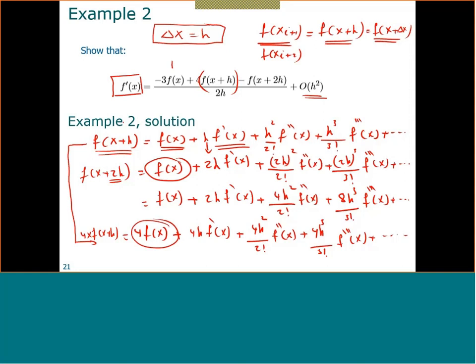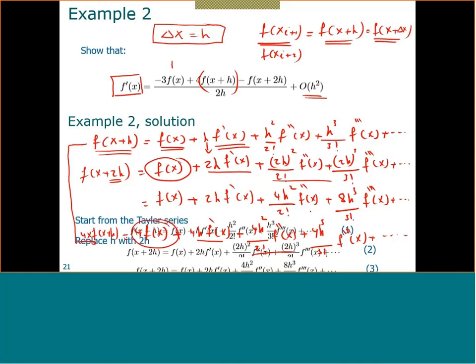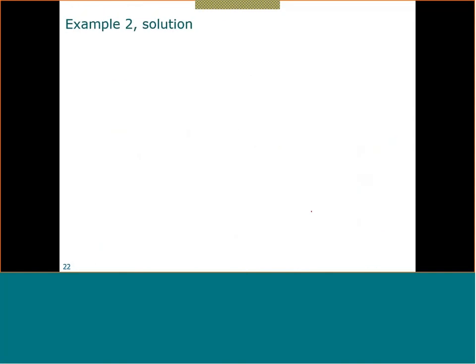Okay. So I will subtract this minus this, this minus this, and this minus this. So if we do that, what we will get is f of x plus 2h minus 4 f of x plus h.